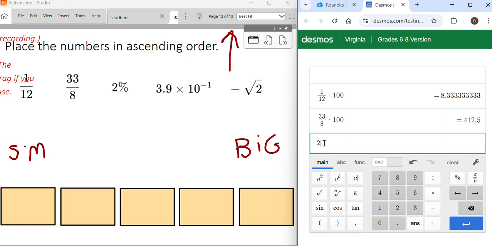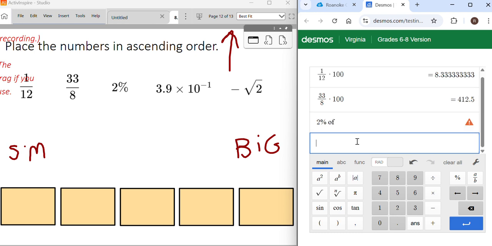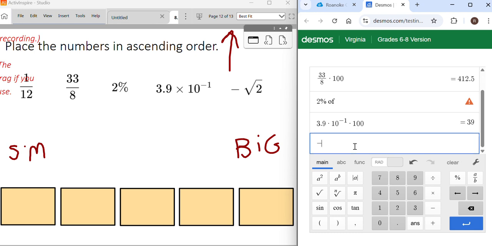The next one already is a percent, so I'm going to put 2% of, so we remember. Then I'm going to type in 3.9 times 10 to the negative 1 power, and then multiply by 100 to make that a percent. Finally, I'm going to put in the negative square root of 2 and multiply by 100.